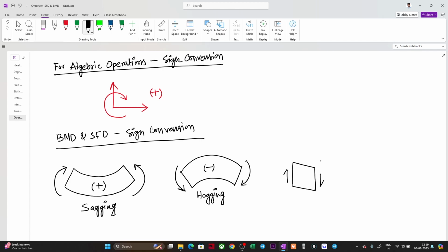You can see these two forces are clockwise, creating a clockwise moment, so we will consider it as positive. And if the shear force couple is anti-clockwise like this, then we'll consider it as negative.